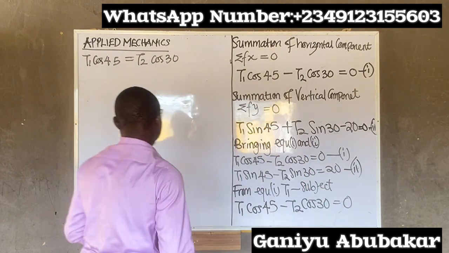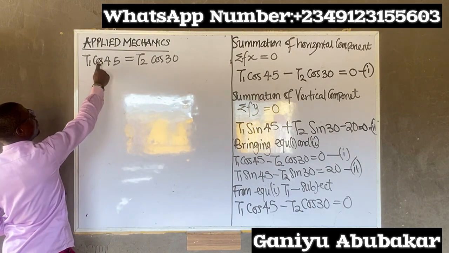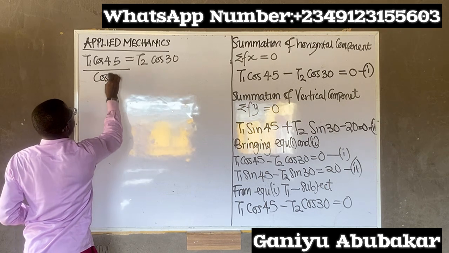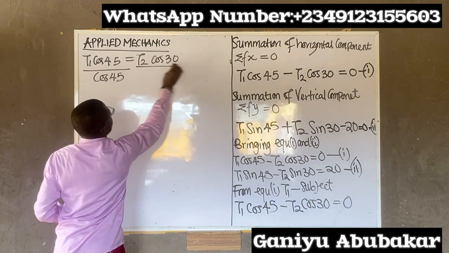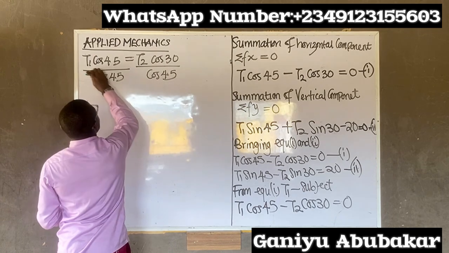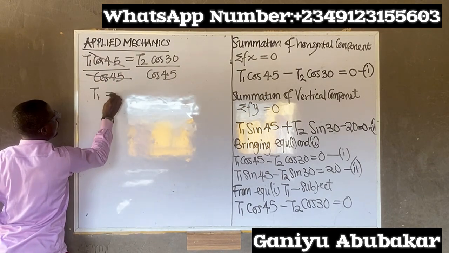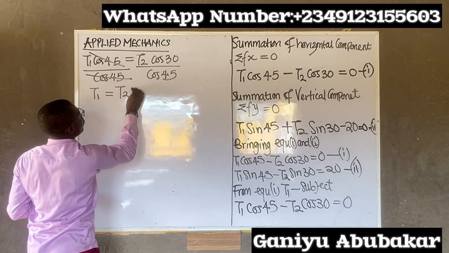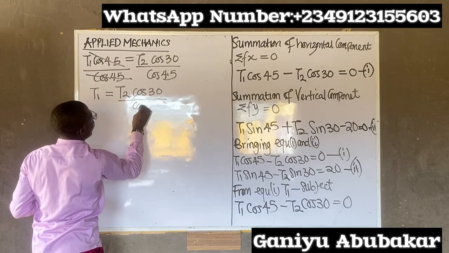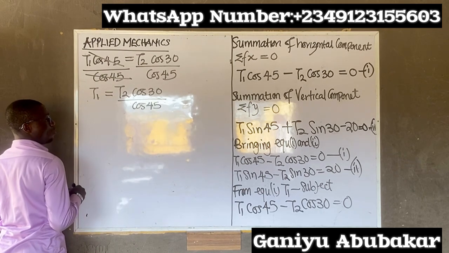I want T1 as the subject, so I'll eliminate cos 45 by dividing by cos 45. Cos 45 cancels this. I have that T1 is equal to T2 cos 30 all over cos 45.